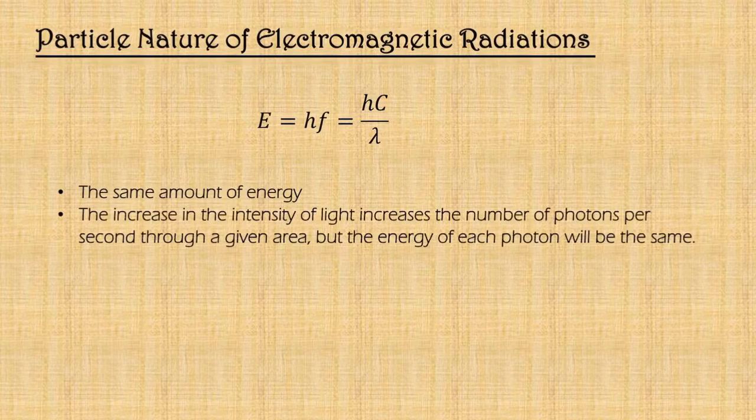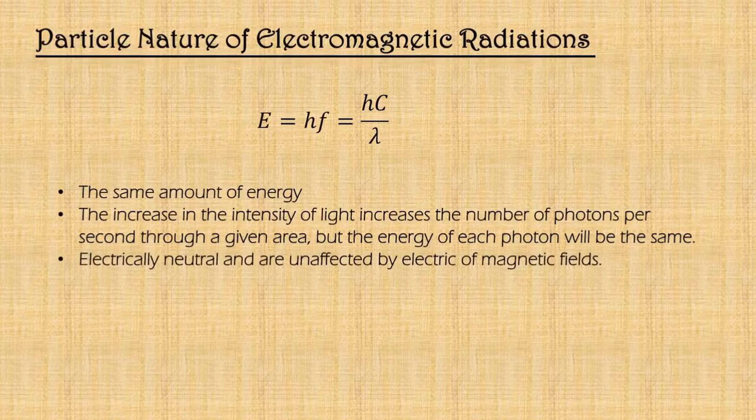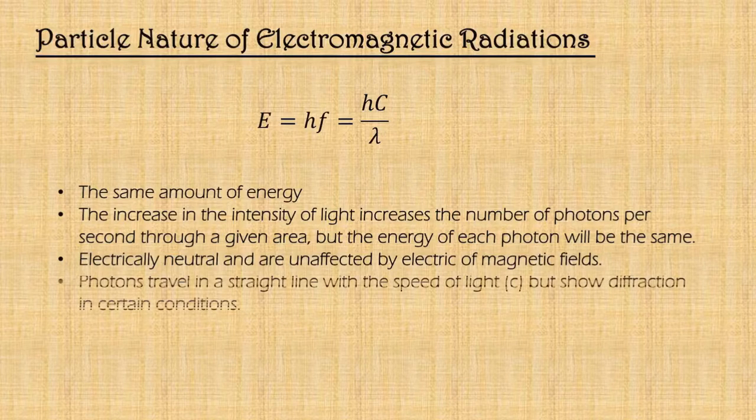The increase in the intensity of light increases the number of photons per second through a given area, but the energy of each photon will be the same. Photons are electrically neutral and are unaffected by electric or magnetic fields. Photons travel in a straight line with the speed of light, but show diffraction in certain conditions.